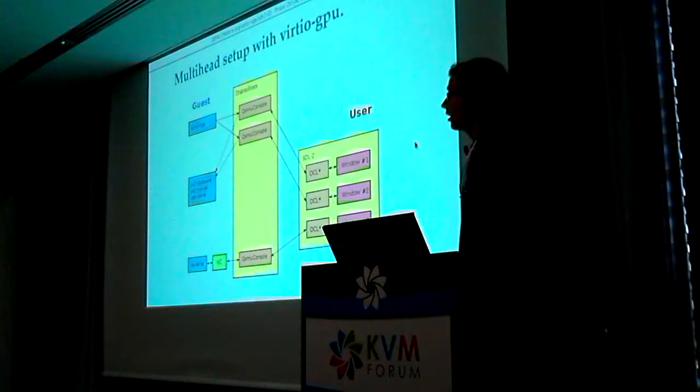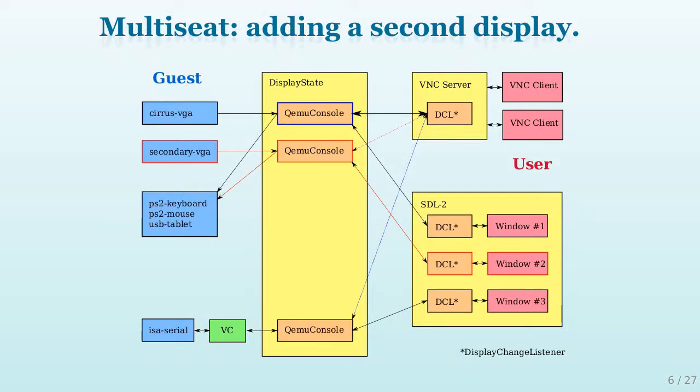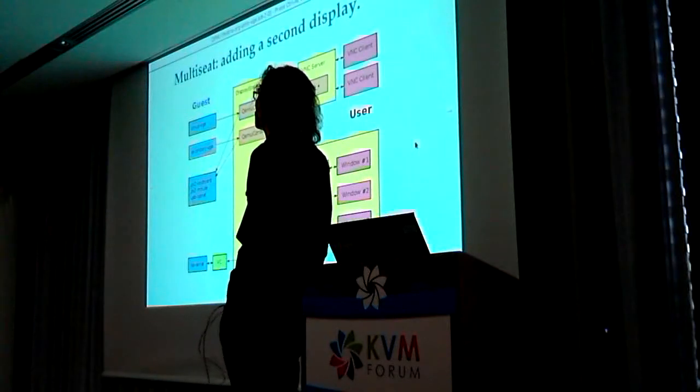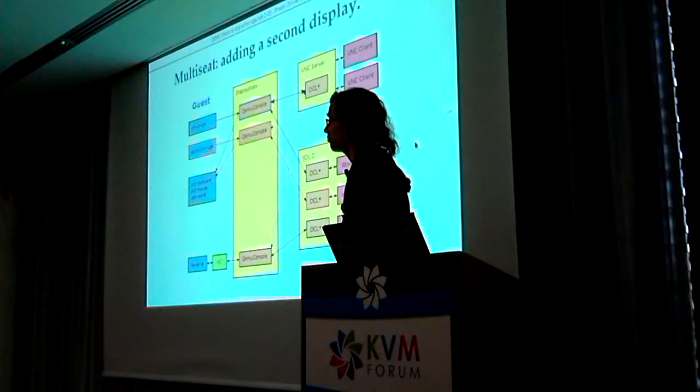It looks very similar if we just plug in a second graphics card, which is possible for quite some time. We got a secondary VGA, which isn't actually a VGA card because it doesn't occupy the VGA ports.